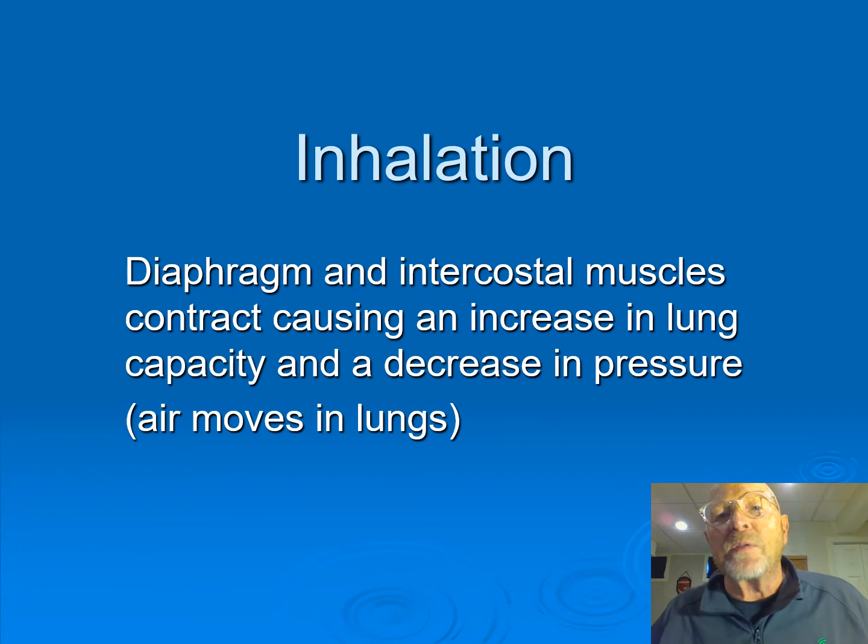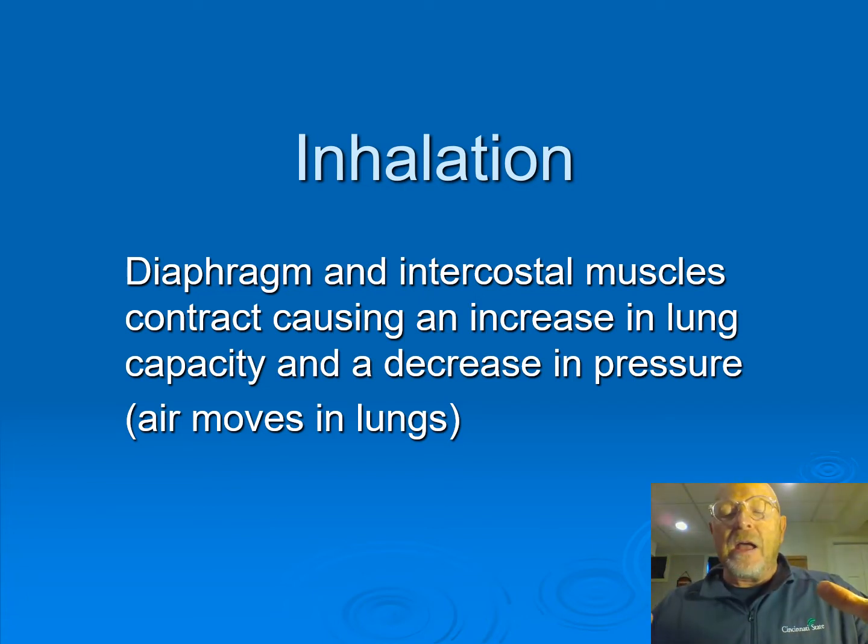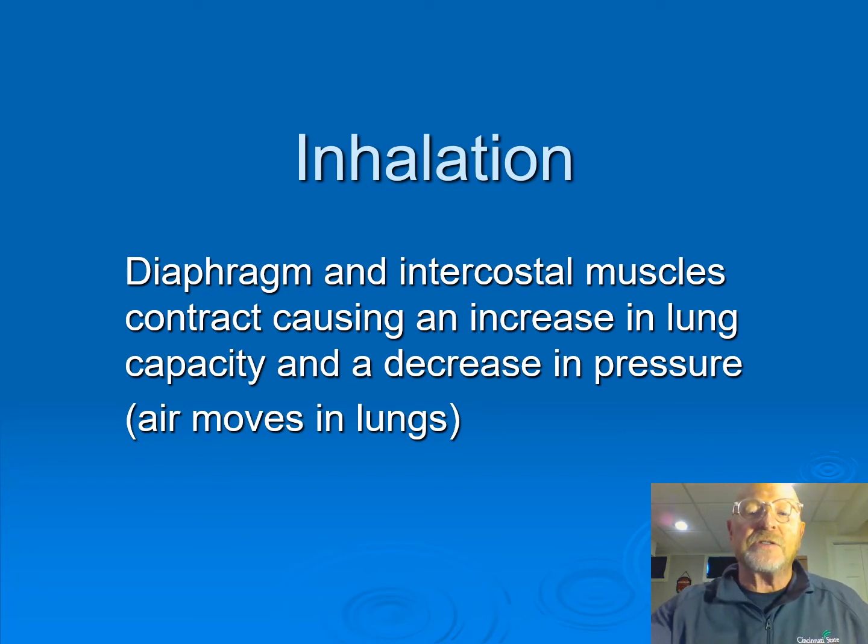But something happens when the respiratory center triggers the contraction of my intercostal muscles, my chest expands, my diaphragm drops, and that expansion of my chest and dropping of the diaphragm, now my thoracic cavity has increased. Because it's increased, the pressure inside has decreased. Now, on inhalation, the pressure in the atmosphere is greater than the pressure in my thoracic cavity. So what happens is that the air is going to rush from the atmosphere down into my lungs.